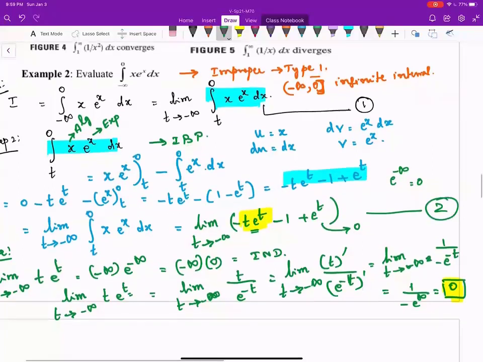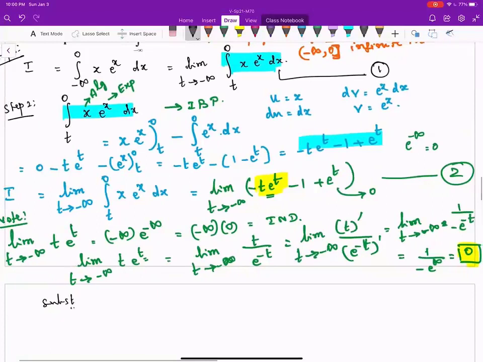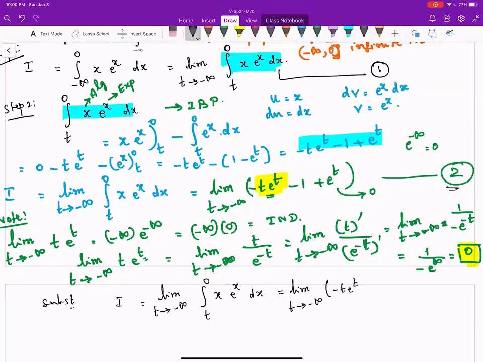Now, getting back to step 2, substituting this limit equal to 0, we get I equal to the limit as t approaches negative infinity of the integral from t through 0 of x e to the x dx, which equals the limit as t approaches negative infinity of negative t e to the t minus 1 plus e to the t.